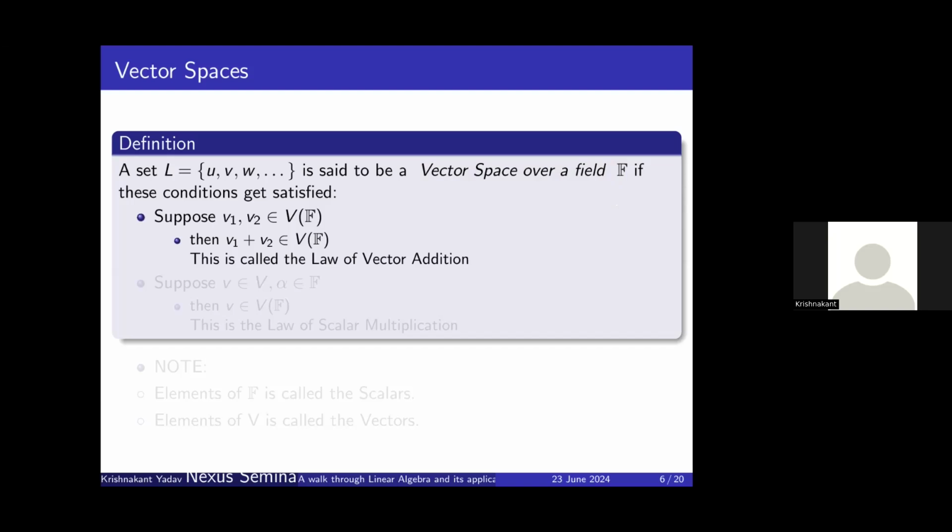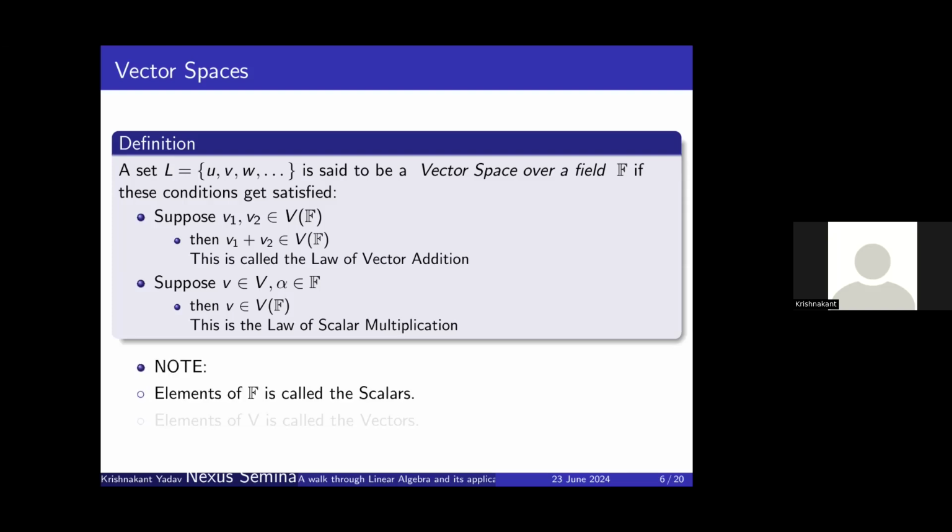Suppose V1 and V2 belong to the vector space V over field F, and there should be a law of vector addition: V1 plus V2 should also belong to the vector space over the field. Next, suppose v is a vector that belongs to the vector space V, and alpha is a scalar which belongs to the field F. Then alpha dot v, the scalar multiplication of alpha and the vector v, should belong to the vector space over field F. This is called the law of vector addition.